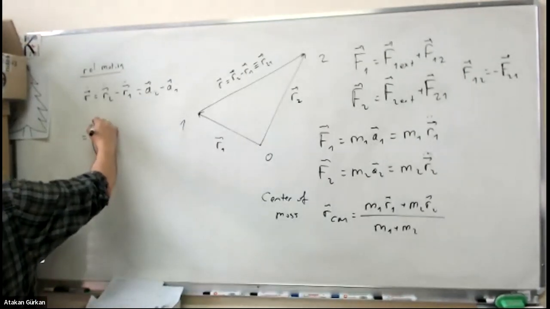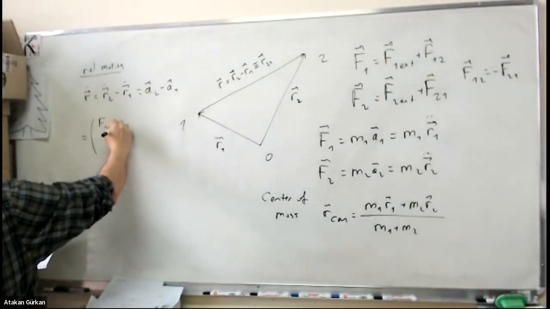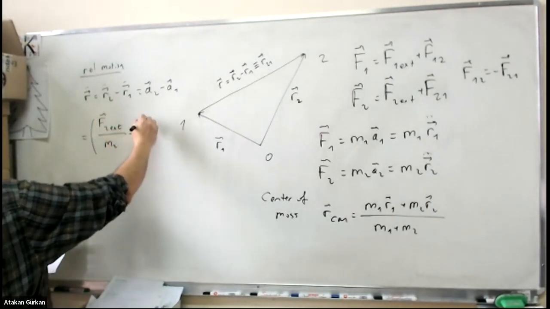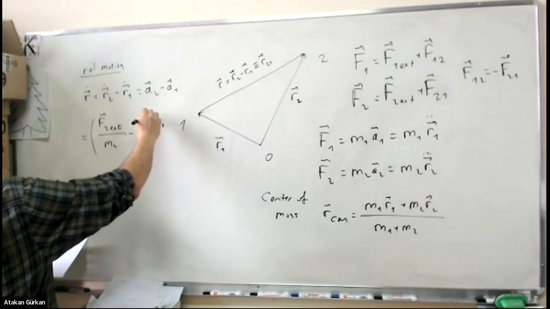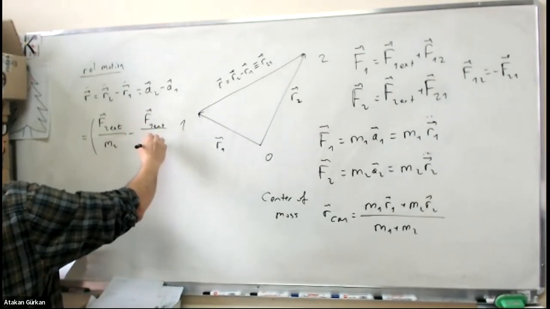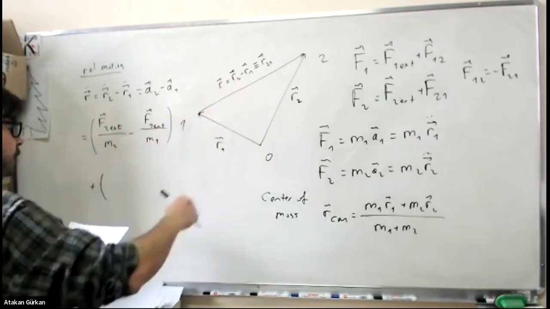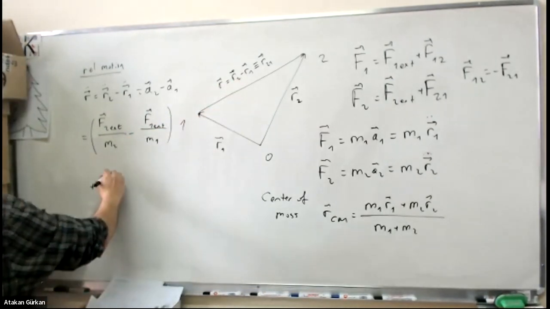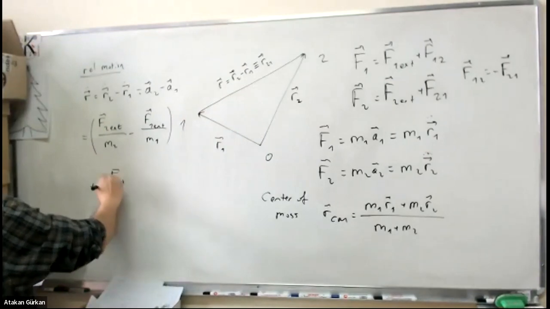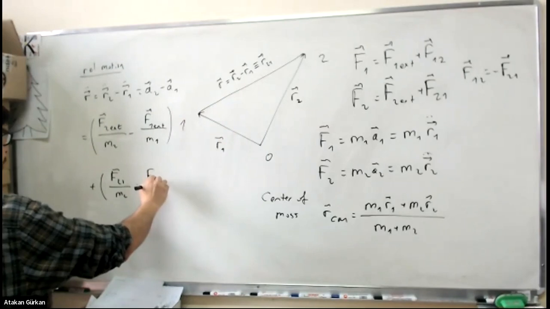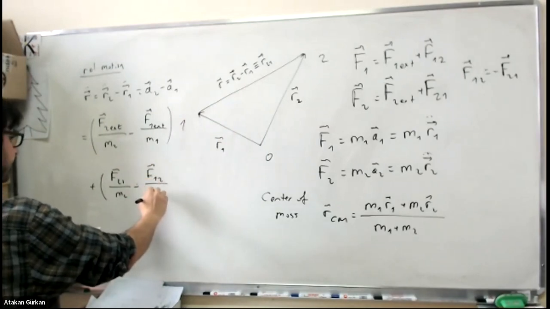So this is going to be F2 external divided by M2 minus F1 external divided by M1 plus, so this is the first terms in those force terms, F21 divided by M2 minus F12 divided by M1.